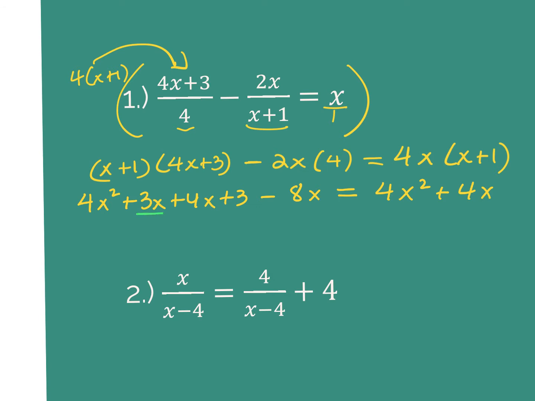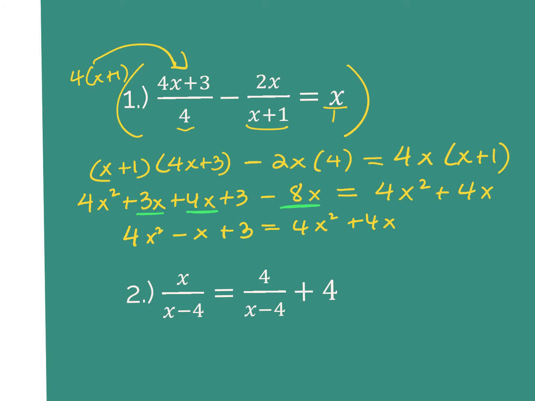So I can combine the 3x, the 4x, and the negative 8. So then I'm left with x squared. And then when I add these, I get negative x plus 3 equals 4x squared plus 4x. Now I need to move the 4x squared over and the 4x over and see what I get.